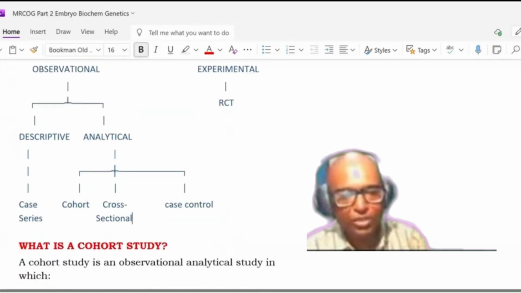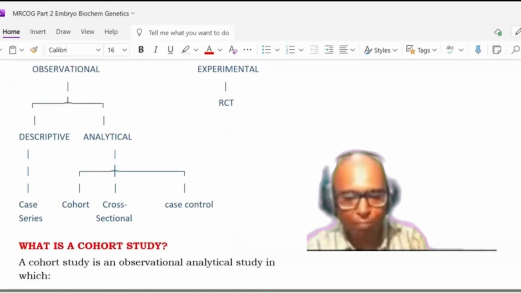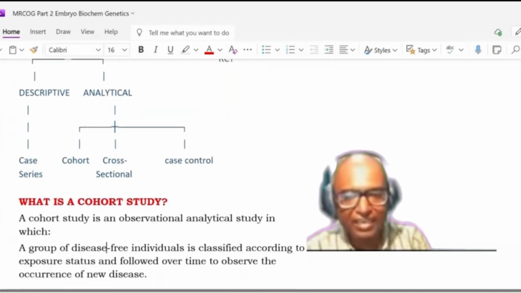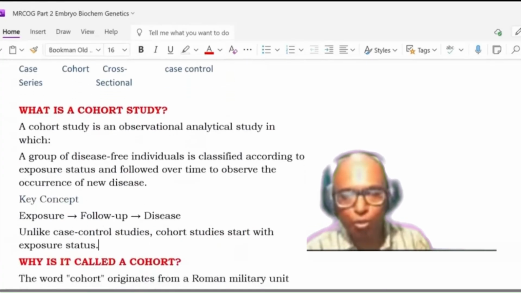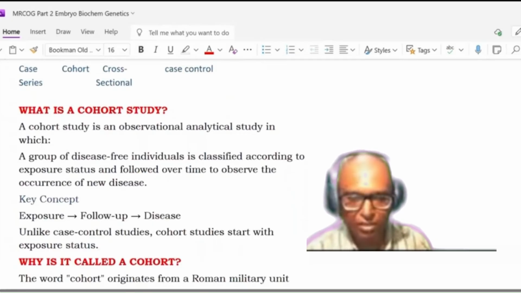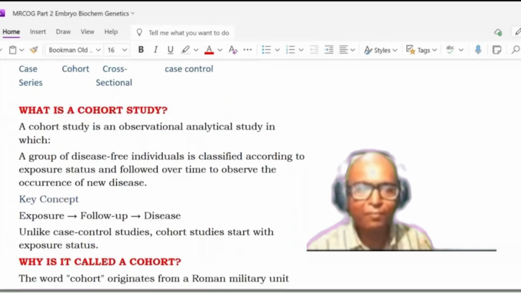So what is cohort study? A cohort study is an observational analytical study in which group of disease-free individuals is classified according to the exposure status and followed over a period of time to observe the occurrence of the new disease. Each and every word is very important.